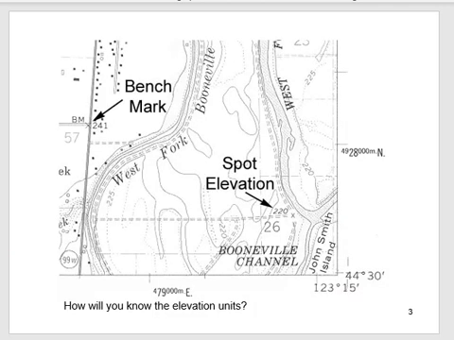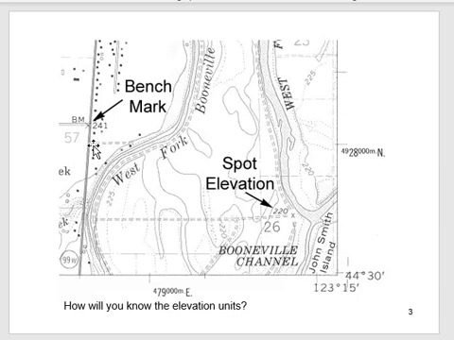So contour lines or elevations on a topographic map can be shown in many different ways. You can have what's called a benchmark, or a BM, that is indicated by an X on the map. And so, for example, this is a benchmark and it's 241. And you might say 241 what?